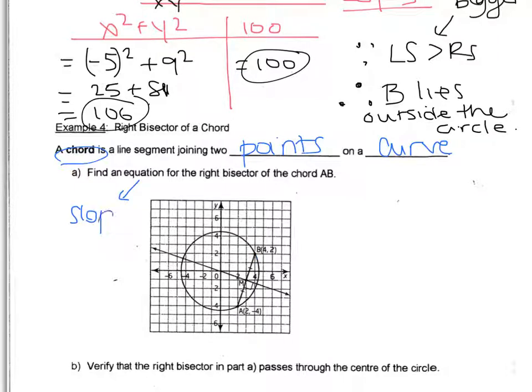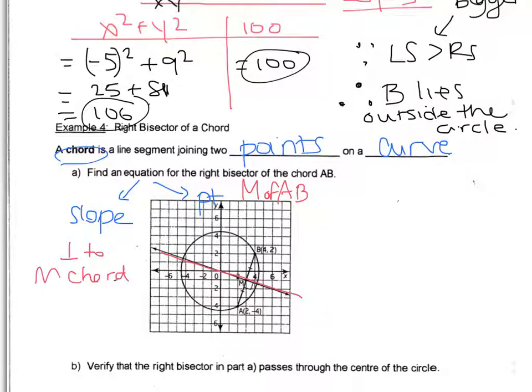If we're looking at the right bisector, this line right here, we're going to use the slope that is perpendicular to the slope of the chord, and we're going to find the point that's in the middle, the midpoint of AB.